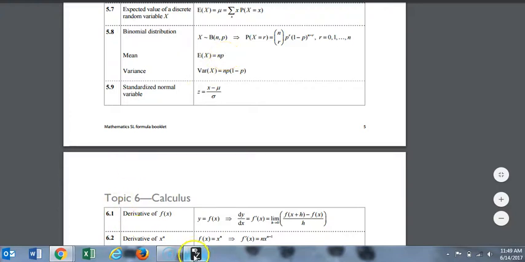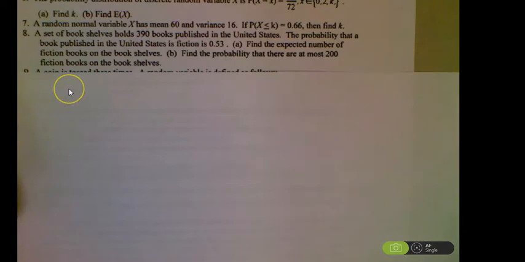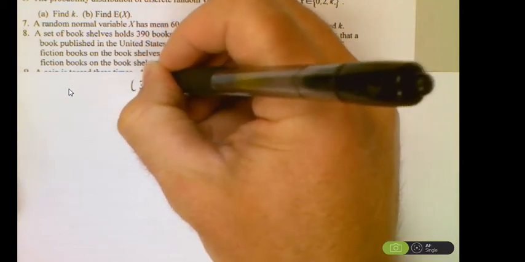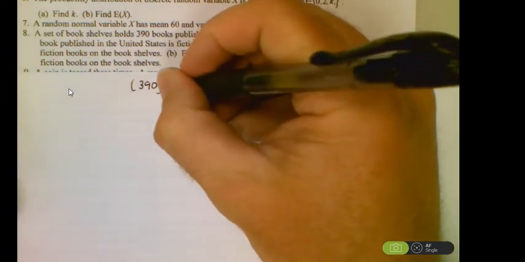Here we're talking about 390 books, so 390 trials, and the probability of success, in this case being published, is 53%. So just multiply those two together and you have your expected number.